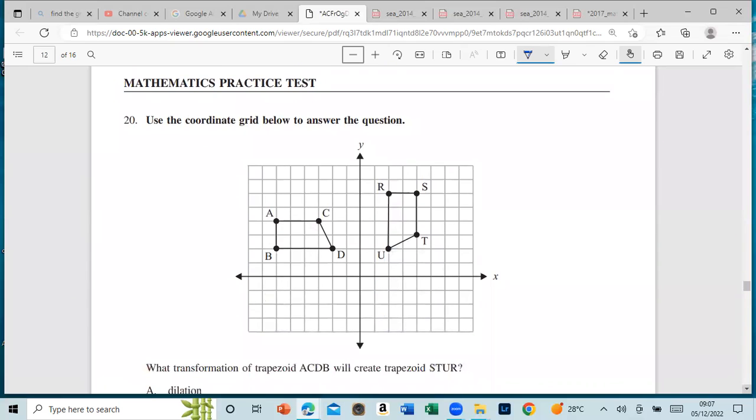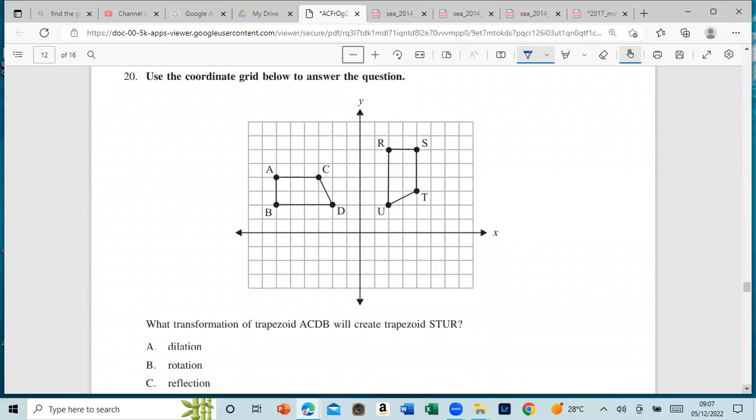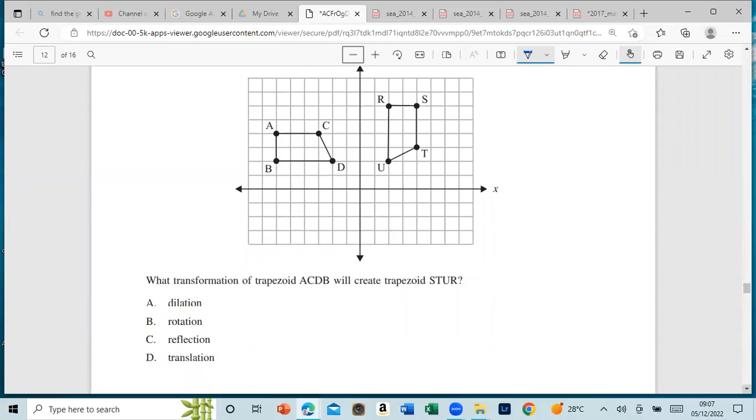Number 20. Use the coordinate grid to answer the question. The transformation of the trapezoid that creates the second trapezoid is okay. So this one, it can't be translation because the shape changes.